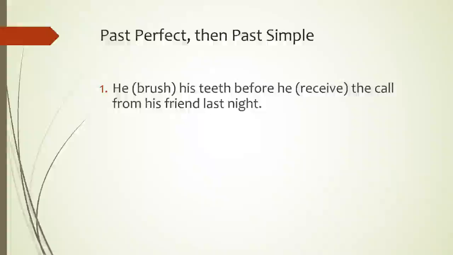He brushed his teeth before he received the call from his friend last night. If you look carefully at this one, you will get the point of which one happened first. It means that brushing teeth is the first activity, receiving the call is the second activity.